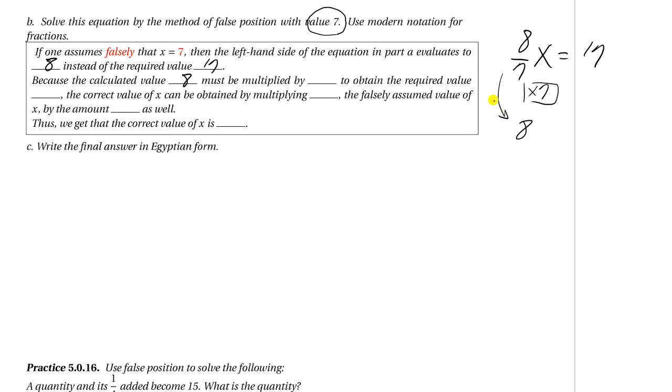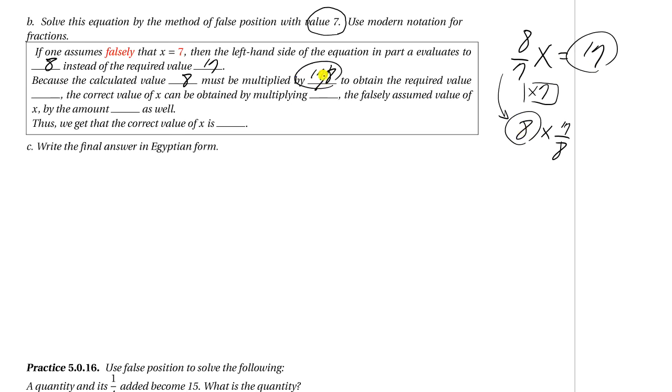Then you must multiply by 17/8 to obtain the required value 17, right? So we want to get 17, so we need to multiply by 17 over 8 to cancel out this 8. So the result is 17, and right now the left hand side is x, right?